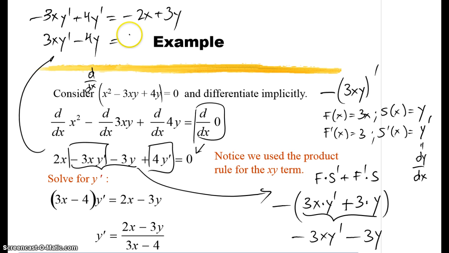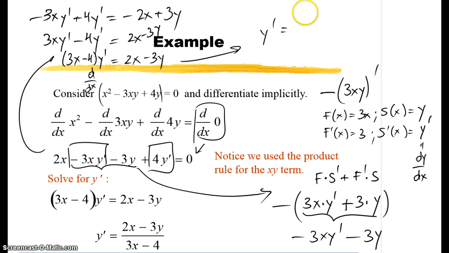No other reason, really. 2x minus 3y. Factor out a y prime, and you're left with 3x minus 4 y prime equals 2x minus 3y. So to solve for y prime, all you have to do is divide both sides by 3x minus 4. That's how this answer was obtained.